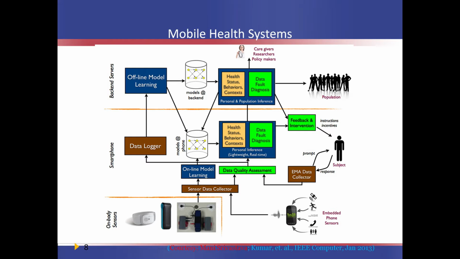And when we have these inferences of behavior, for example, the stress level of a person or a smoking status or the activity status, then this is what can be used directly to trigger an intervention, to trigger a self-report, or if we collect these measurements across lots of people, then they can be used offline for conducting health research or formulating health policies.